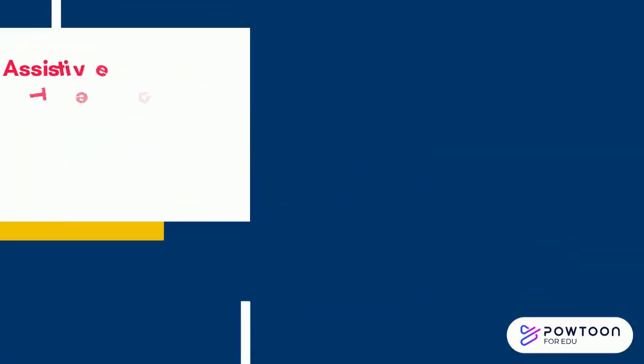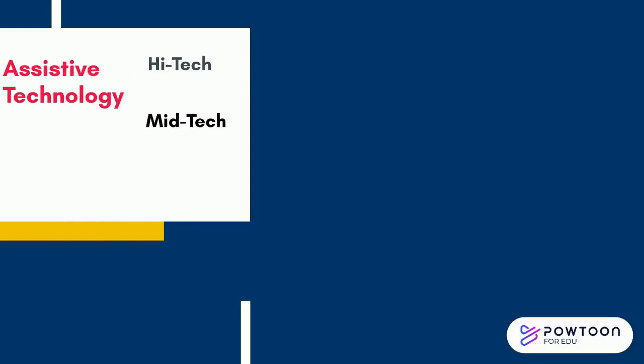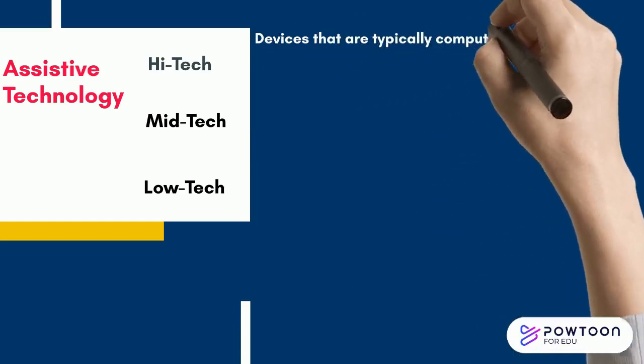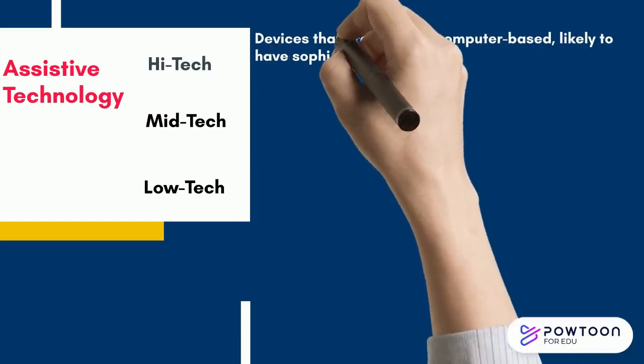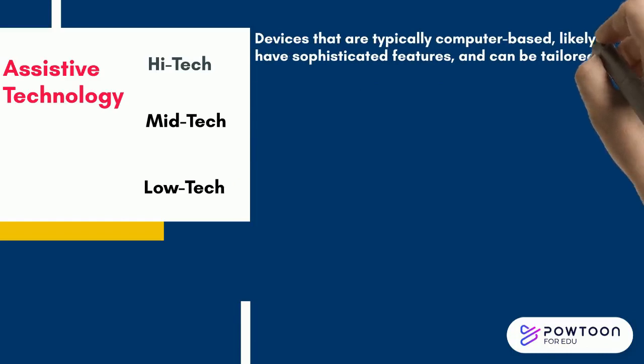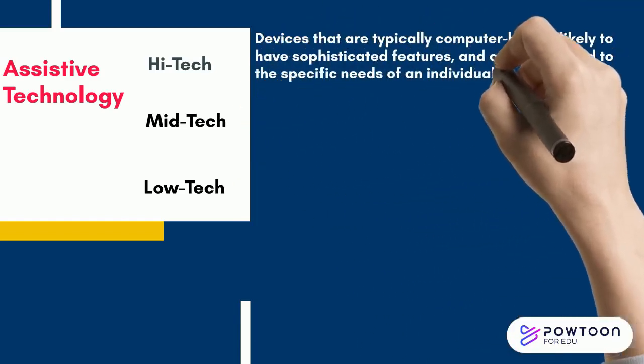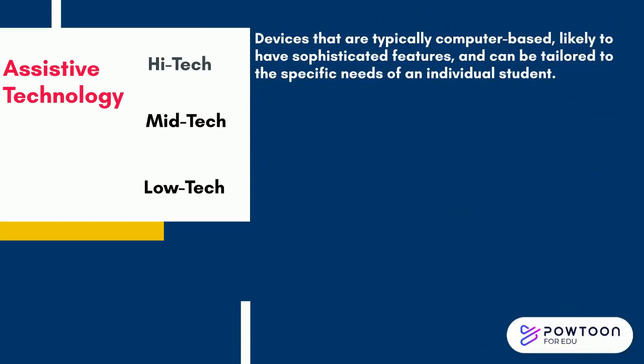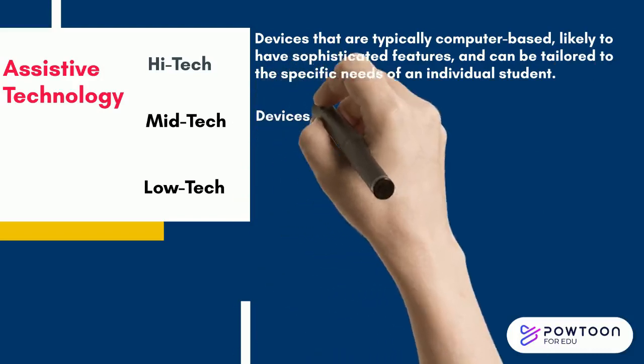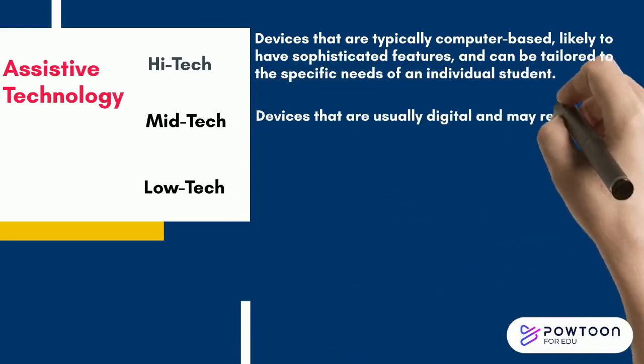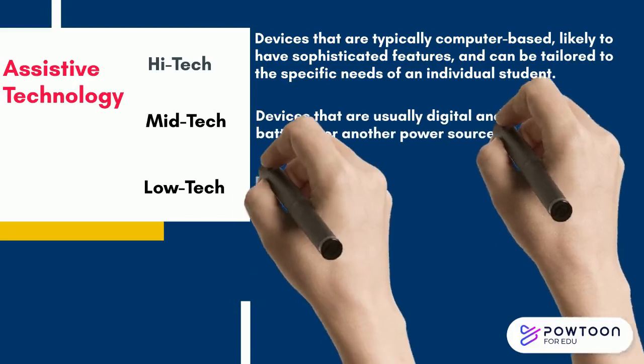There are three basic categories of assistive technology: high-tech, mid-tech, and low-tech. High-tech are devices that are typically computer-based, likely to have sophisticated features, and can be tailored to the specific needs of an individual student.